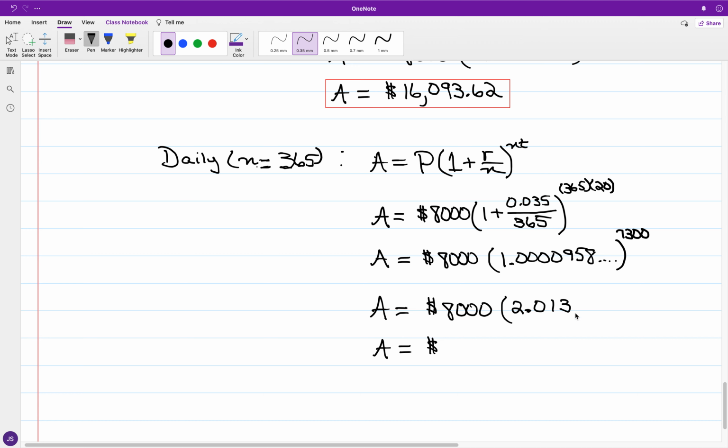And for e to the 0.7, you have ever slightly more, about 2.01375. And so for the future value, that's going to be right at $16,110.02.